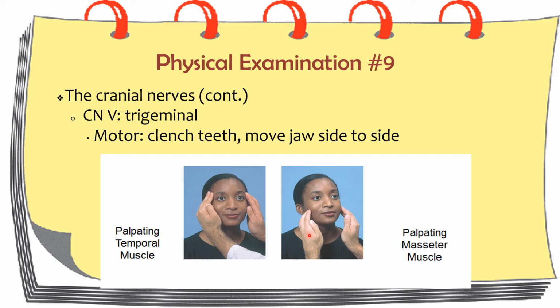If there is jaw deviation during opening, it points to weakness on the deviating side. You have to look for unilateral weakness in cranial nerve number 5. This could be a sign of lesions in the pons. If there is bilateral weakness, consider cerebral hemispheric disease because of bilateral cortical innervation.